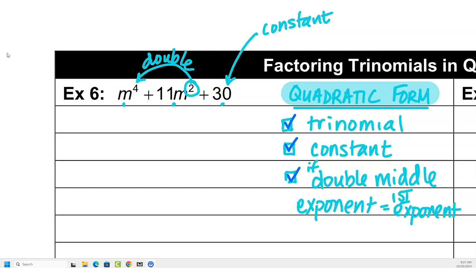Well, I'm going to rewrite this, and this is how I'm going to rewrite it. I'm going to rewrite the first term in terms of the middle term. So it'll be m squared, which is the middle term, and then squared.